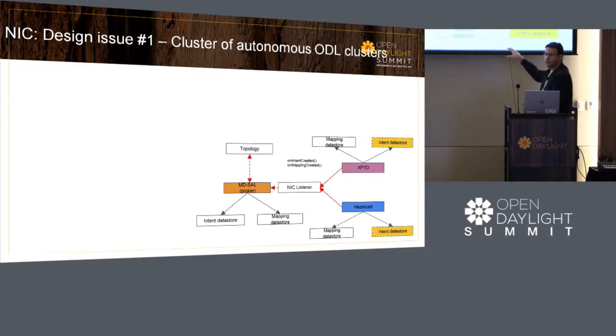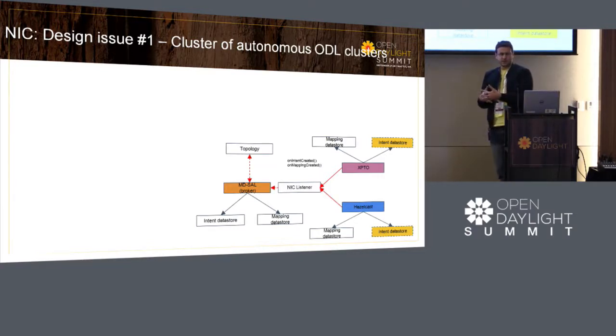These two data stores will be reachable by all the nodes in a cluster, and we should decouple the code in the NIC project, because currently we have strong integration between the listeners, the component listeners, and the OpenFlow renderers.